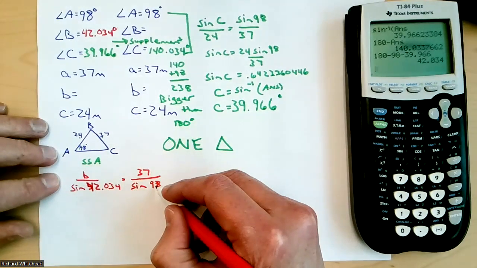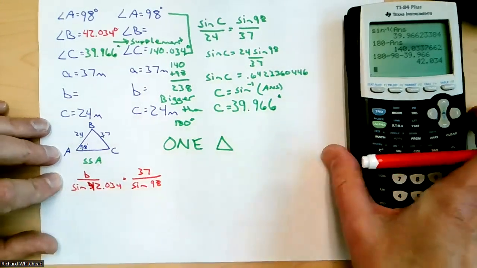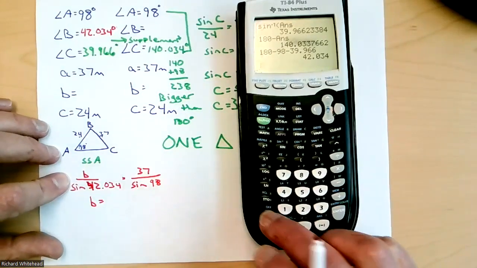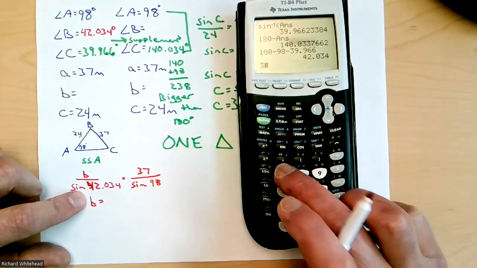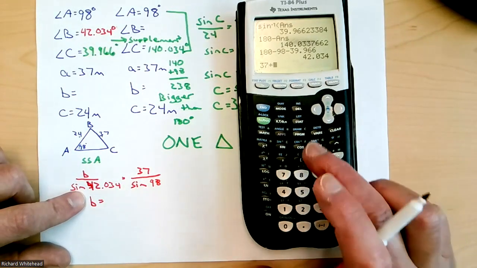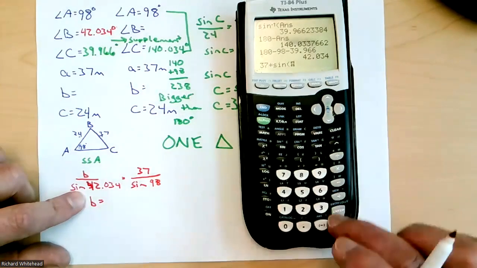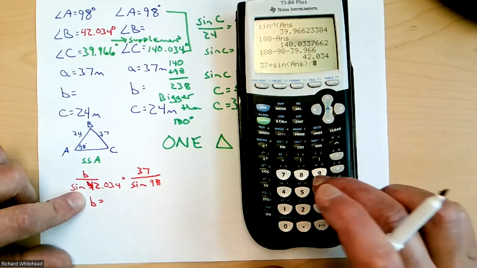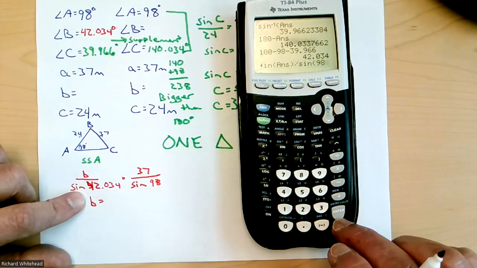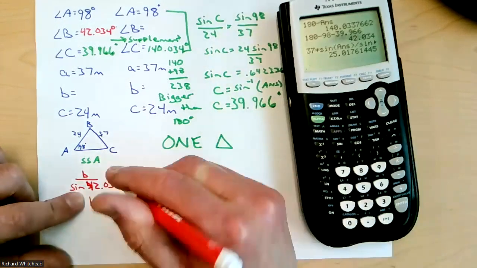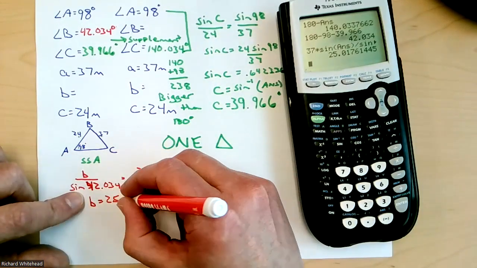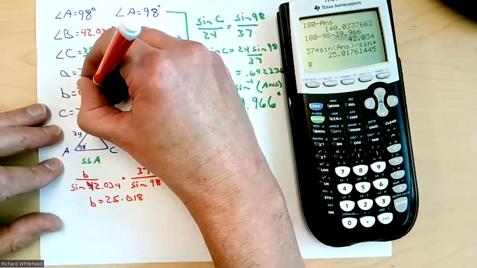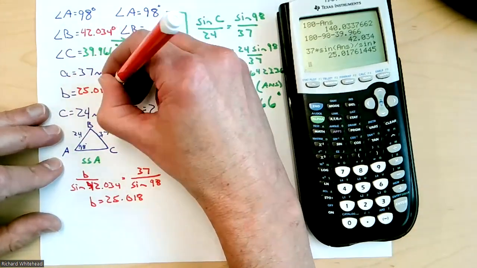So we've got A over sine A, B over sine B. Now we can cross multiply: 37 times sine of answer, divided by sine 98. And we get 25.018 meters.